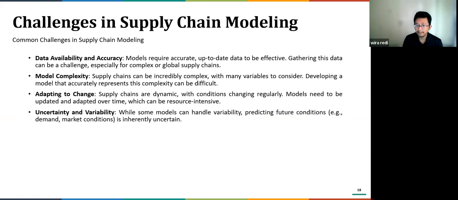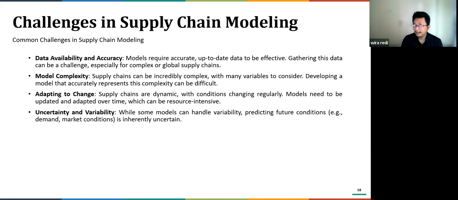First, most often, is the availability and accuracy of the data, because it's difficult to generate reliable data, and sometimes it's not enough to represent the real system. And since the supply chain business is a very complex system, we as analysts need to be able to simplify that complexity to model well in your analysis.